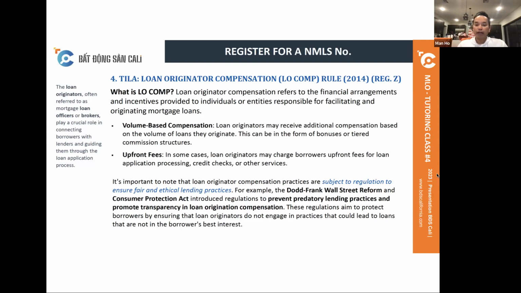These regulations aim to protect borrowers by ensuring that loan originators do not engage in practices that could lead to loans that are not in the borrower's best interest. Remember that Dodd-Frank and the Consumer Protection Act are the two acts that try to prevent illegal loan origination compensation activities. Keep that in mind, as it may be on the test too.